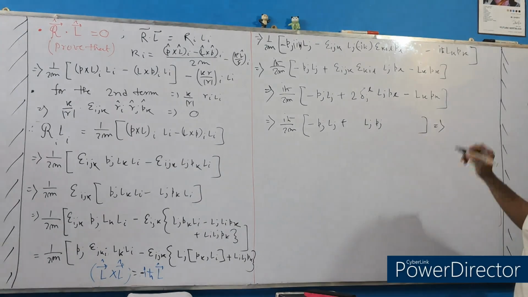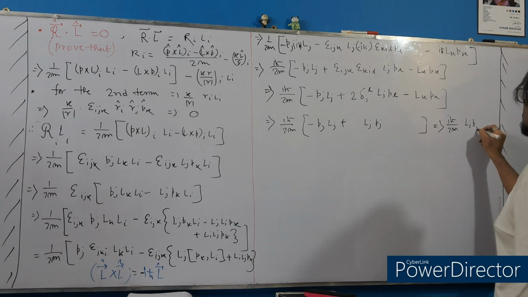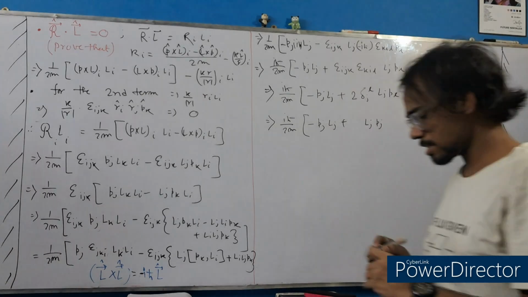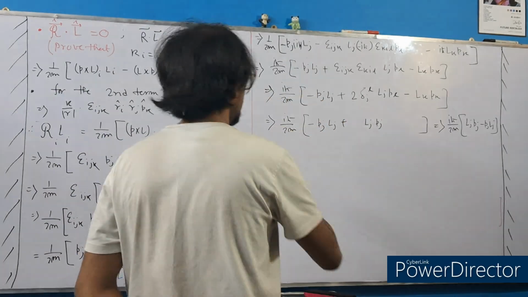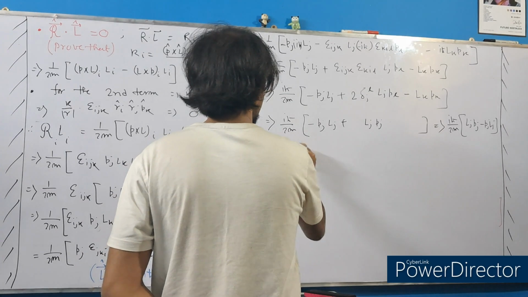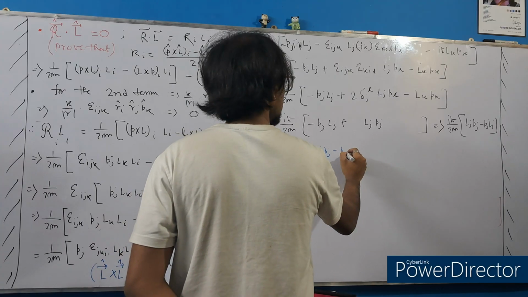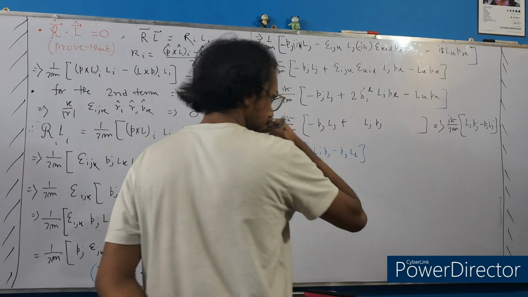So this finally boils down to iħ by 2m Lj Pj minus Pj Lj. Okay, I guess you guys are convinced and do agree with me. Now let me write iħ by 2m delta Ij, then Li Pj minus Pj Li. Yes.